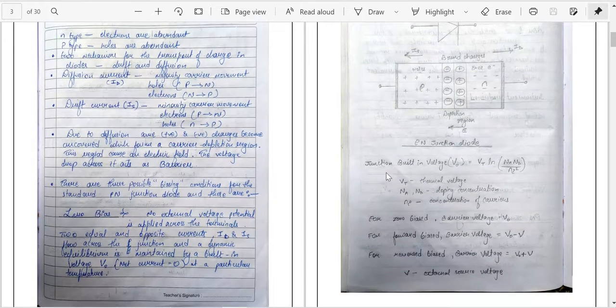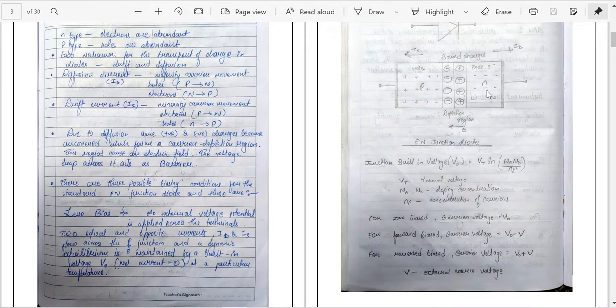As the current flows, as charges move, the bound charges become uncovered, and they start to settle near the junction. So a depletion region forms. Basically an electric field sets up near the junction, which acts as a barrier.